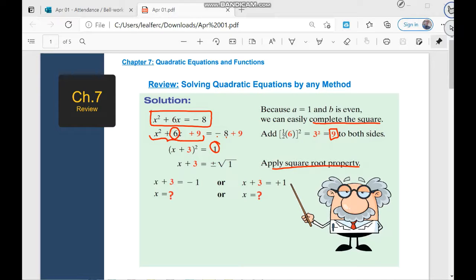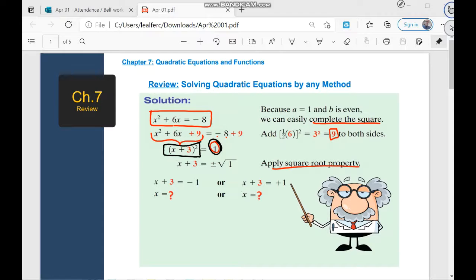On the left-hand side, you will end up with a perfect square trinomial. You can substitute this perfect square trinomial by the square: x plus b, squared. So x plus 3 squared equals negative 8 plus 1, which is 1.